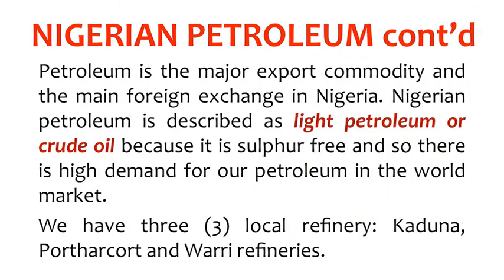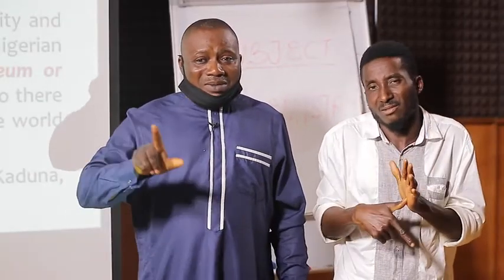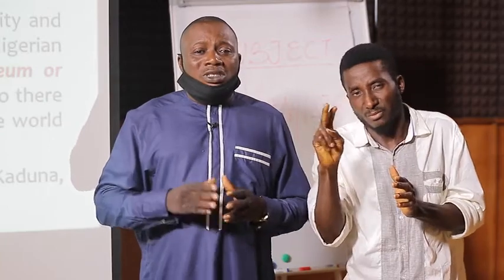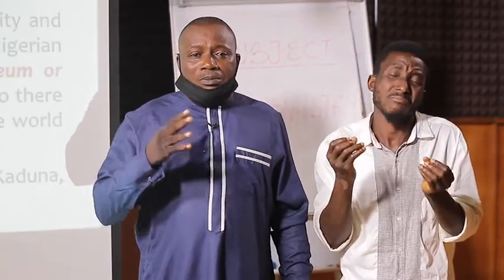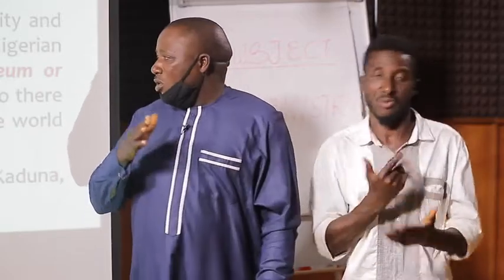When you are talking about this petroleum, we have two major types of petroleum. We have heavy petroleum and light petroleum. The one we are having in Nigeria is a light petroleum. It is light because it has less sulfur content, and that is why at the international market, people are always happy to buy our own petroleum product because it has less sulfur content.